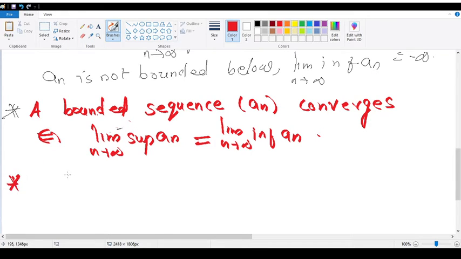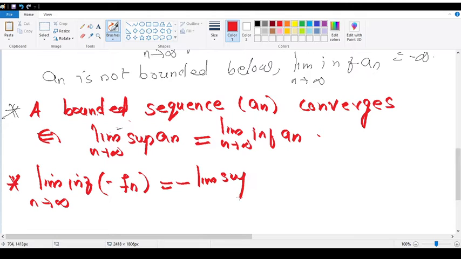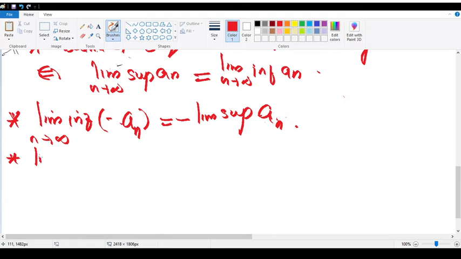Next, what is the limit inf of minus an?